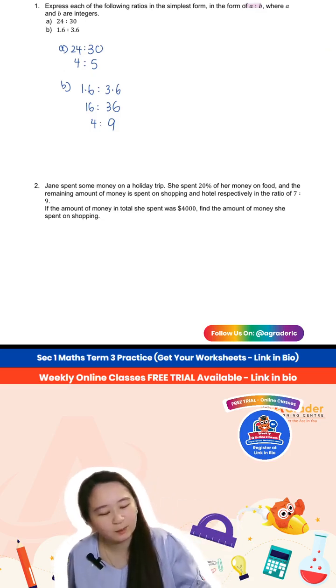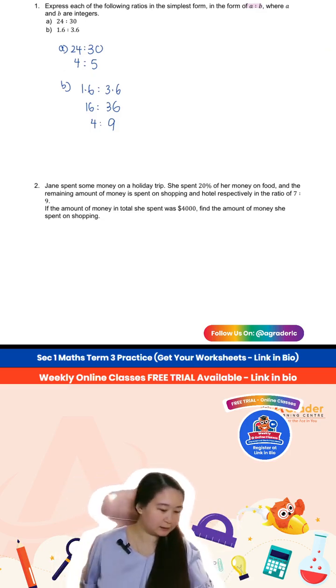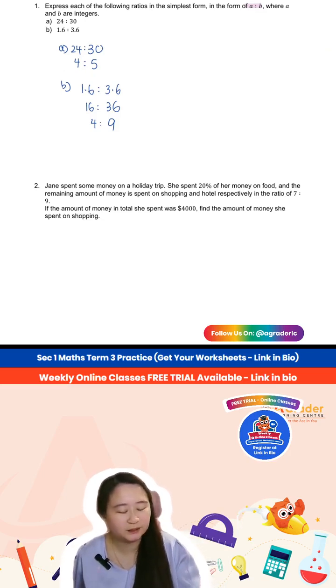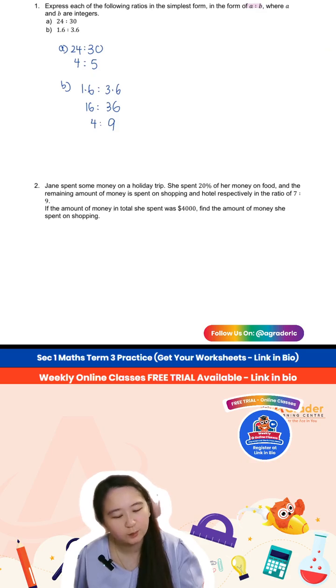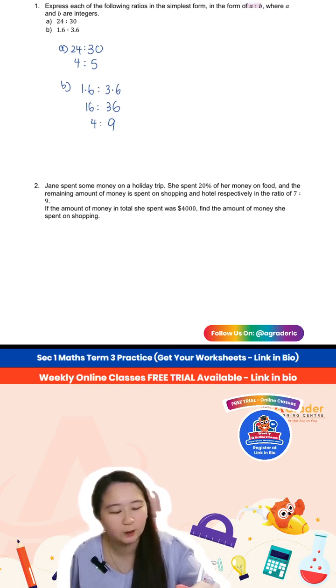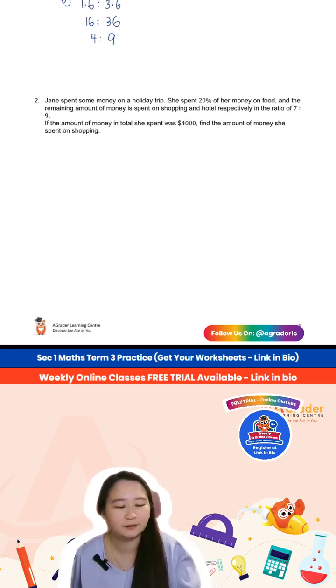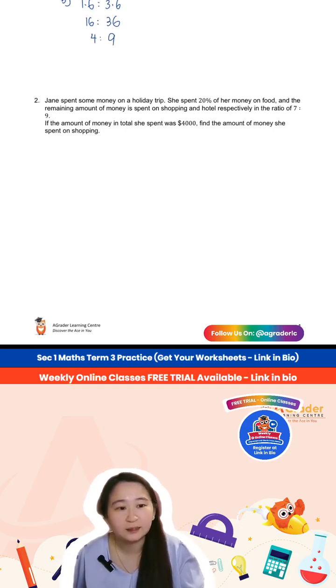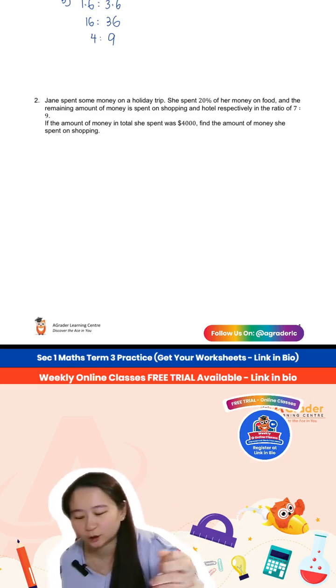Jane spent some money on a holiday trip. She spent 20% of her money on food, and the remaining amount of money is spent on shopping and hotel respectively in the ratio of 7:9. If the amount of money in total she spent was $4,000, find the amount of money she spends on shopping.